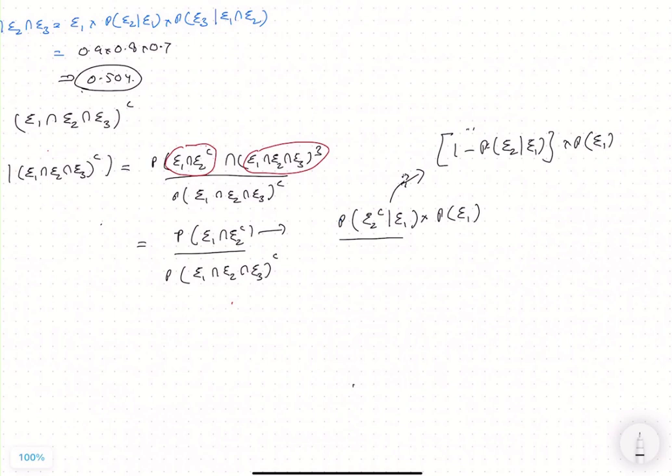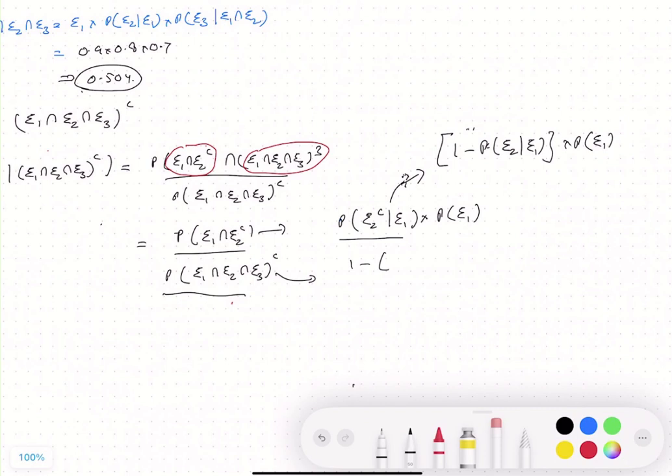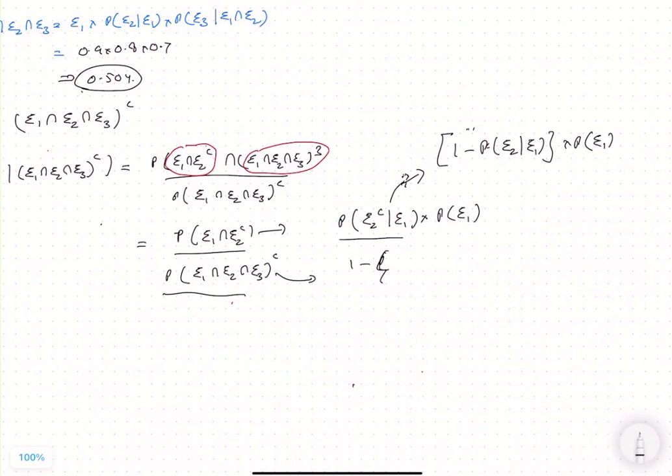And what is the probability of failing all of these? That is just going to be 1 minus the probability of passing all of them, so E1 and E2 and E3.